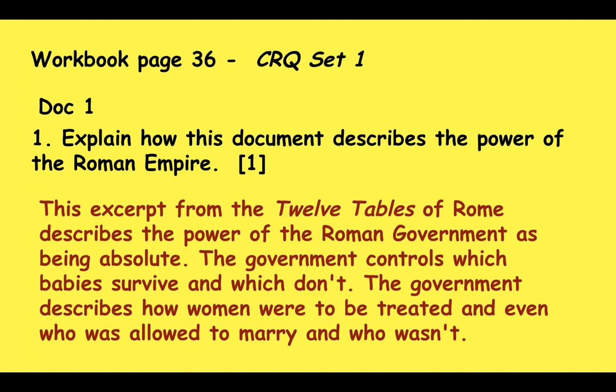All right, document 2 is from a man named Appian during the Mithridatic Wars, which was a set of 3 wars between Rome and the Persian kingdom of Pontus, which is on the Black Sea. I think I put it on your map at the beginning. So let's read what he has to say.